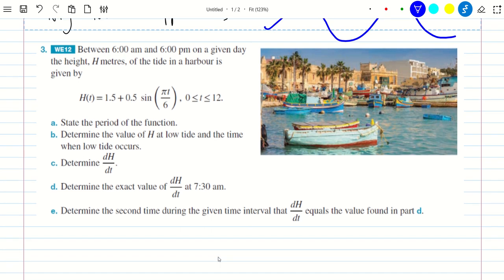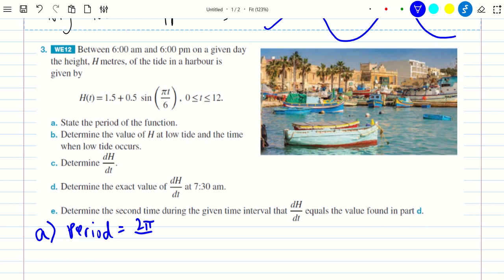Okay. So first off the bat, we want to state the period of the function. Remember that the period is given by 2π over whatever is in front of your independent variable, so in front of x normally.